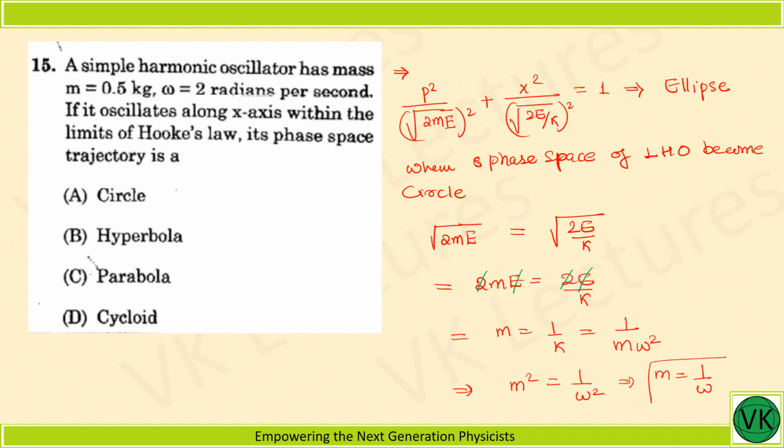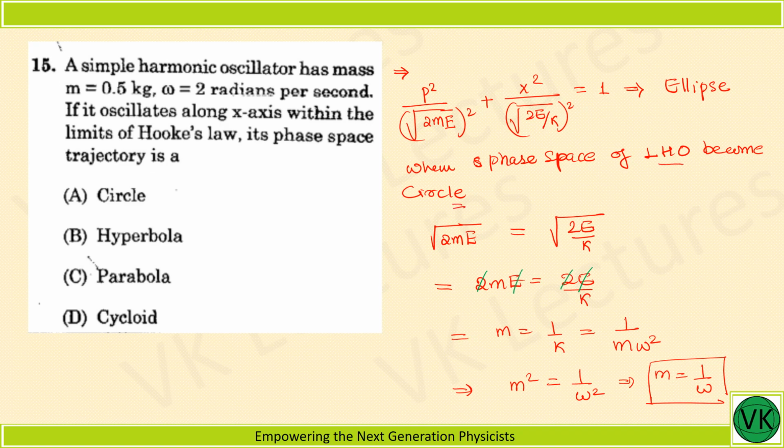So when m equal to 1 by omega, the phase space diagram for a linear harmonic oscillator becomes a circle.